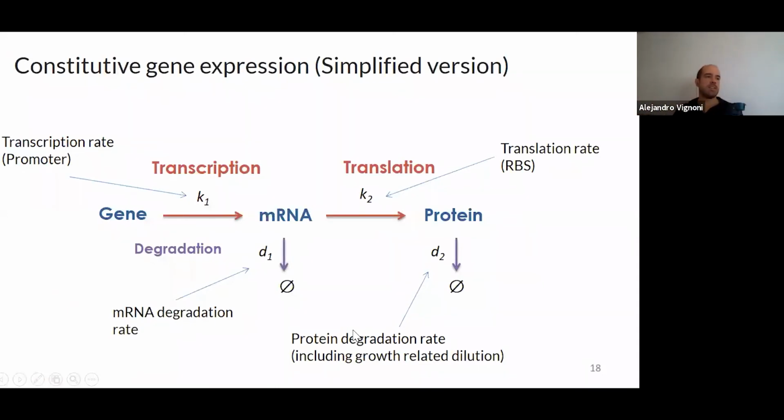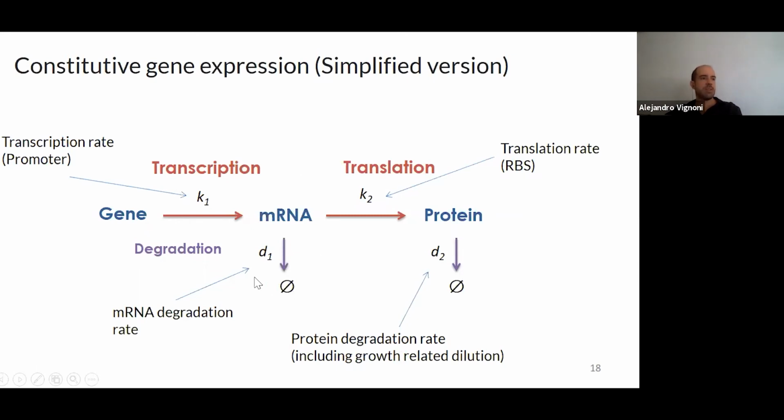So if we write a reaction to describe these processes, we can write this, where we have, again, the transcription process, the translation, and also these other purple arrows down here are telling us that these molecules are degrading.